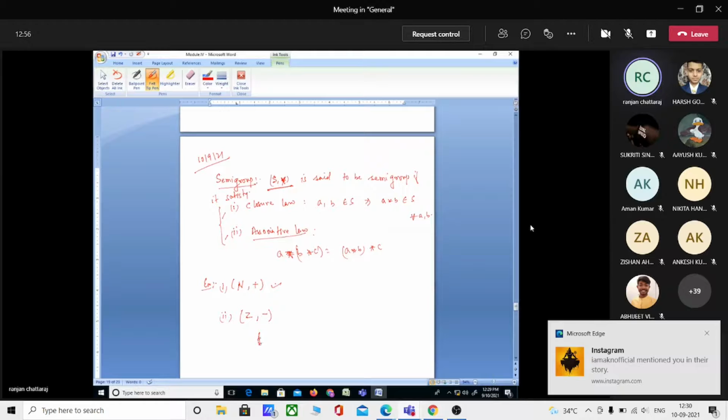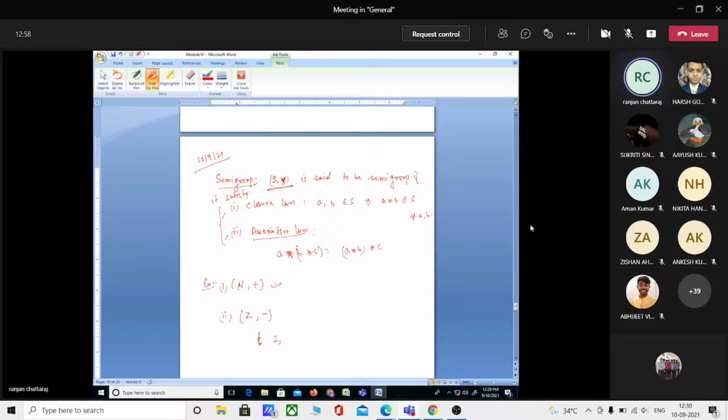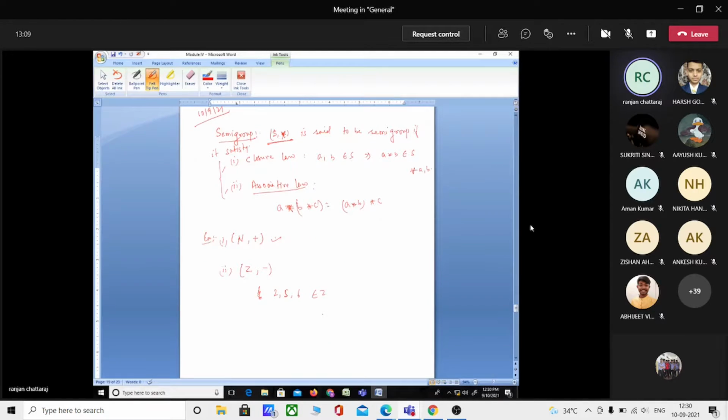Suppose I am considering the elements 2, 5 and 6, not the multiplication. Suppose A, B and C belong to Z, with the operation sign specified as the asterisk. Then A star B star C: 2 minus 5 minus 6.